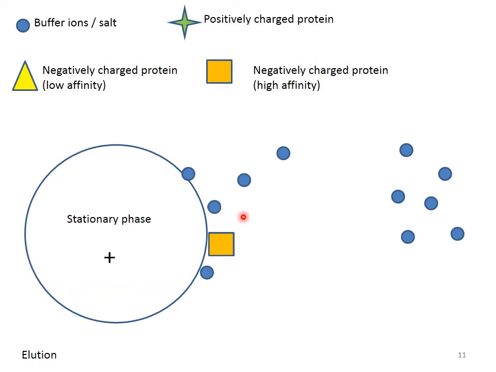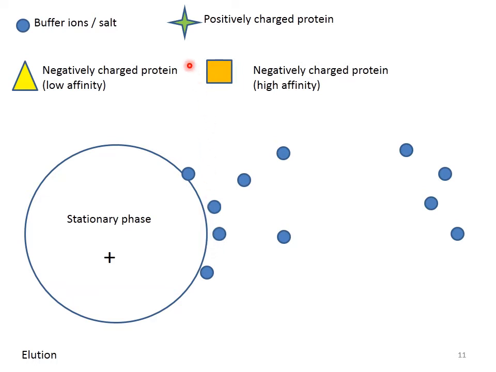Then we allow a buffer with a higher salt concentration to pass through the stationary phase. Now, this is represented by these circles here, which show the negative charge ions. As the salt concentration increases, these salt ions are going to displace the high affinity protein from the stationary phase, and in this manner they occupy these positions on the stationary phase.